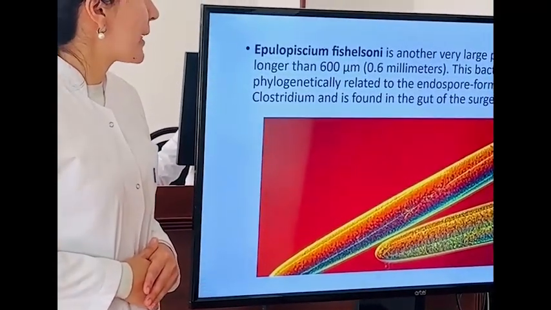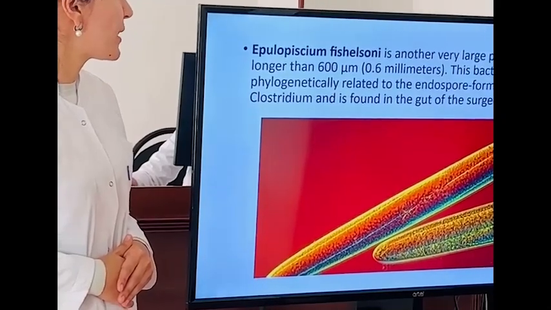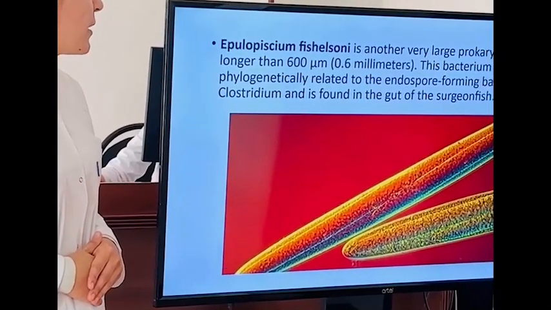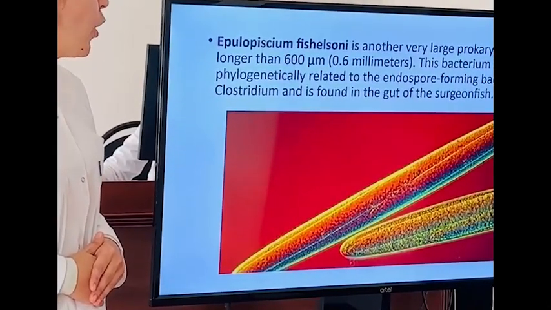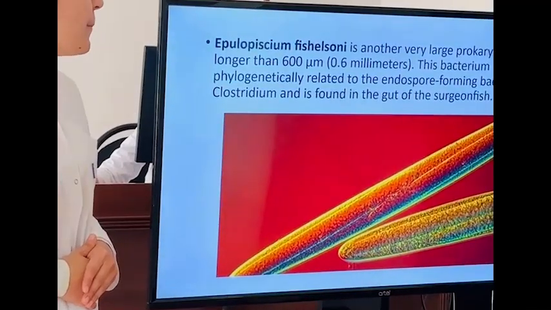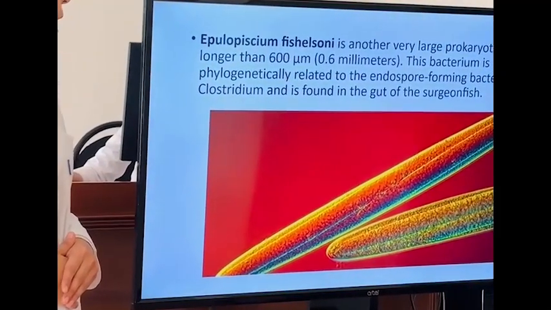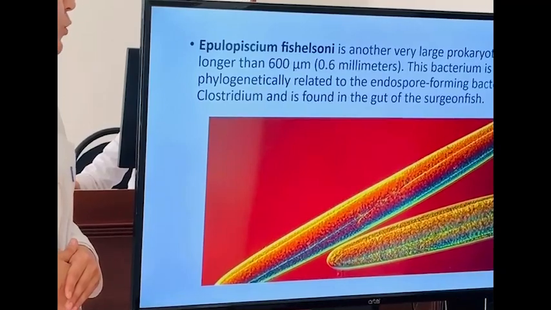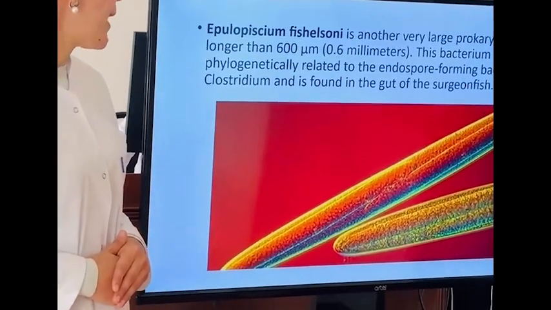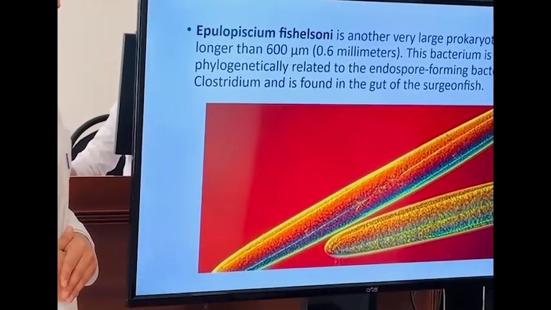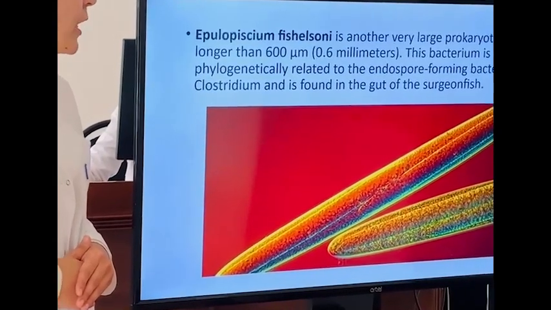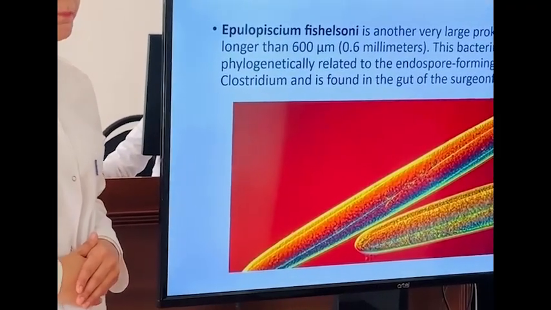Another very large prokaryote is Epulopiscium fishelsoni, with cells longer than 600 micrometers, or 0.6 millimeters. This bacterium is phylogenetically related to the endospore-forming bacterium Clostridium and is found in the gut of the surgeonfish.